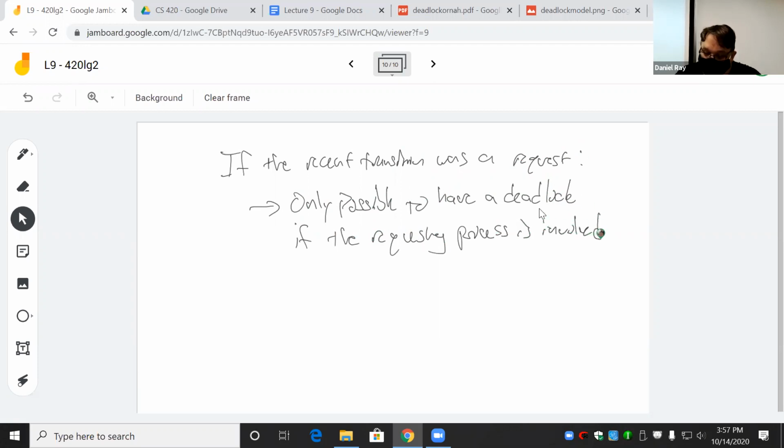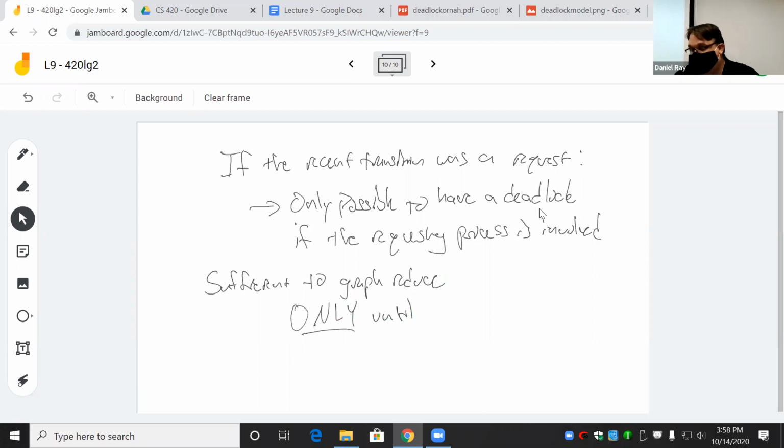So it's sufficient to graph reduce only until the most recent process P is removed. Okay? Then we can stop. Because if P, the requesting process, can be removed, then there can be no other deadlock that evolved out of the prior state, which we knew to be deadlock free.